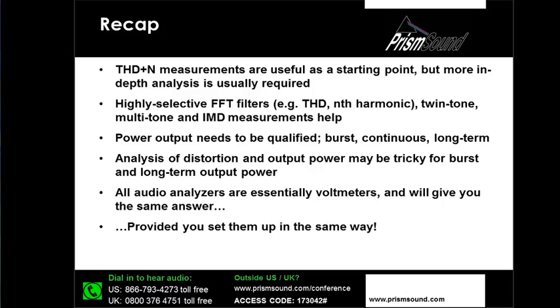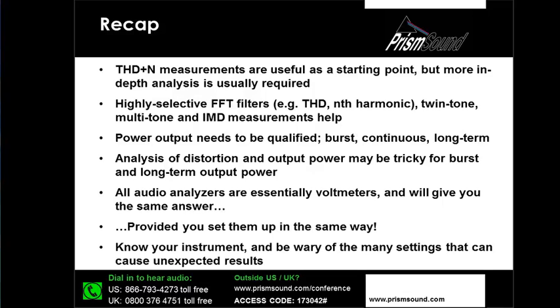And of course there are a number of places you could fall over along the way getting your test system set up consistently, and we've looked at just some of them today. So hopefully this has given you a much better idea of the kind of things that can and sometimes do go wrong, and where you need to look out for these types of problems when you're making measurements on your amplifiers. So one of the most important lessons out of all of this is to know your instrument.